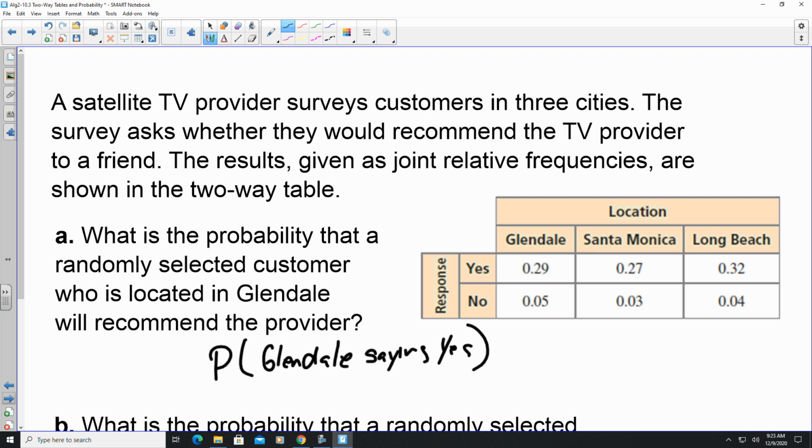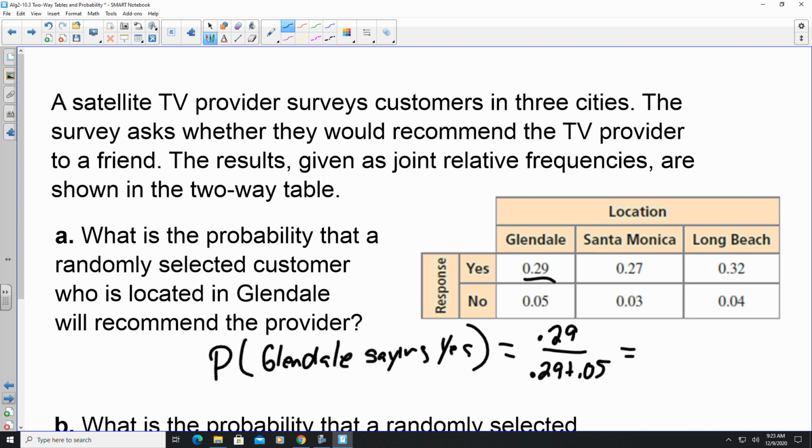Well, what you're going to do is this. 0.29, so about 29% of the people said yes. So in the numerator of this probability, we're going to put in the 0.29, divided by the total people in Glendale who said either yes or no. So this is going to be 0.29 plus 0.05.